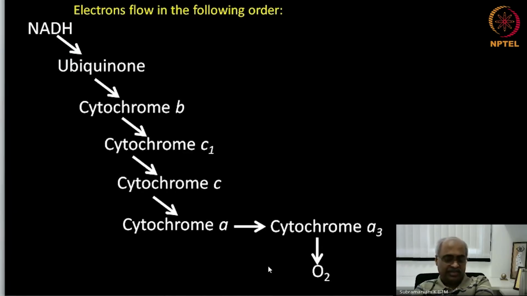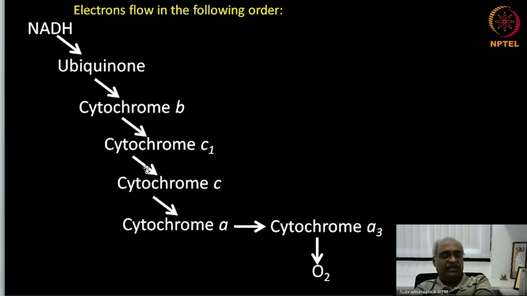And the third experiment was using inhibitors. For example, if an inhibitor blocks the electron transfer from cytochrome B to C1, then NADH, ubiquinone, cytochrome B will be reduced as long as substrate from which electrons are available. And when oxygen is available, these are going to be oxidized.